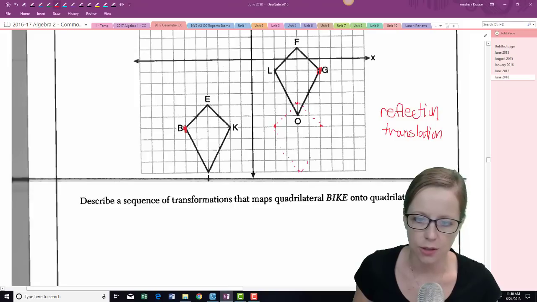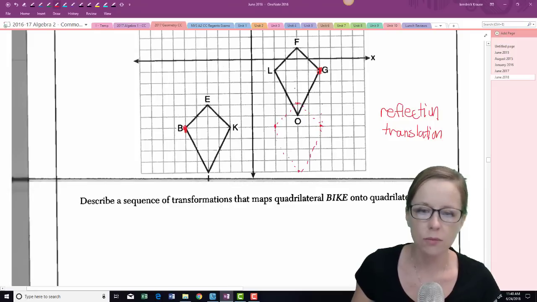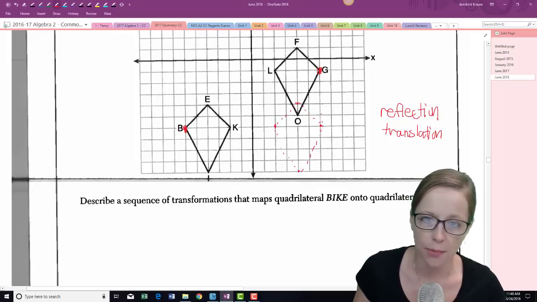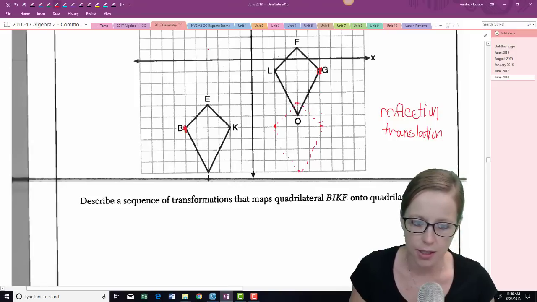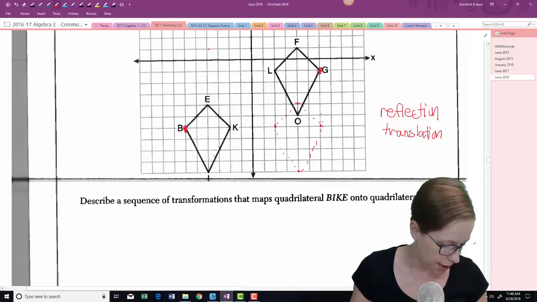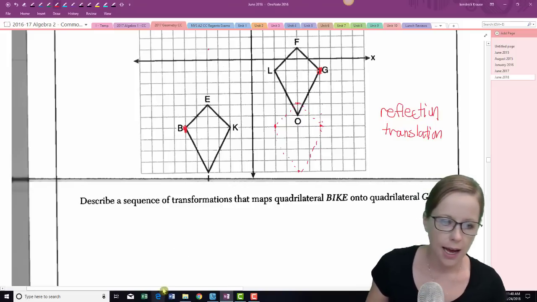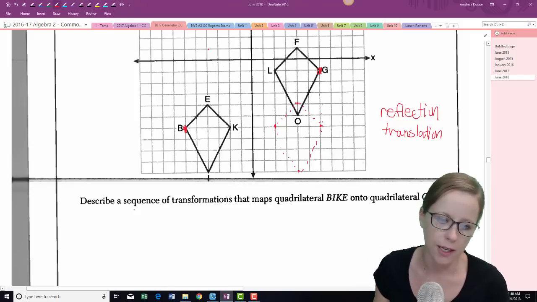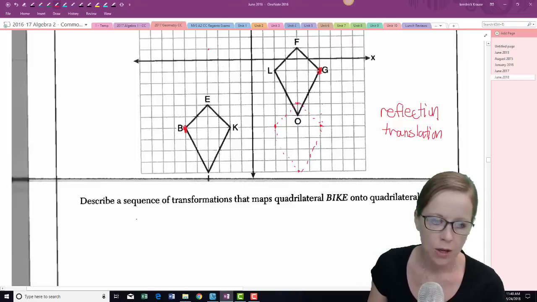Sorry, I'm just trying to sketch this for you. And then you would just translate up 5, right? You could also translate up 5 and then reflect. So you have a couple of ways you can say that down here. I think I would reflect first. I did it differently here.